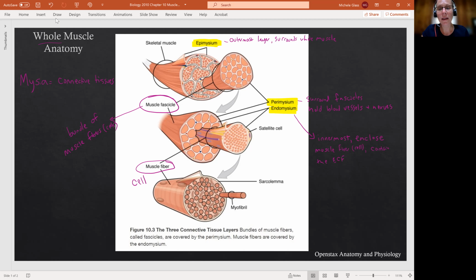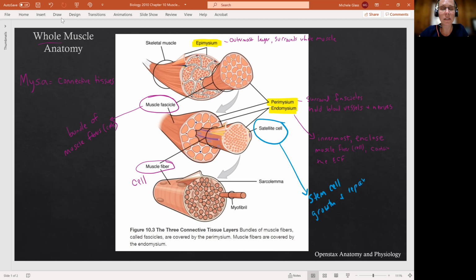Notice you have inside the endomysium, remember, that's holding the extracellular fluid and that's holding the cell itself. We have this additional cell type that's listed for us here, and that's called the satellite cell. Our satellite cell is going to be our stem cell, and it's going to be involved in the growth and the repair of our muscles.